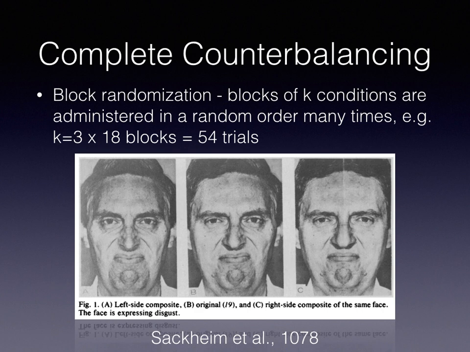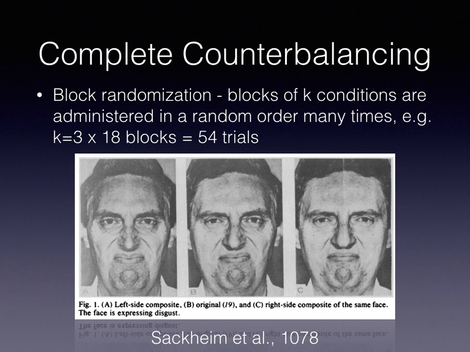On the left side, you can see that the left side of this person's face, the person's left that is, has been mirrored, flipped in a mirror image over to the other side of the face. So what you're seeing on the left is 2 left-hand sides of the face. What you're seeing on the right is both right-hand sides mirrored, and what you see again in the center is the original photograph.